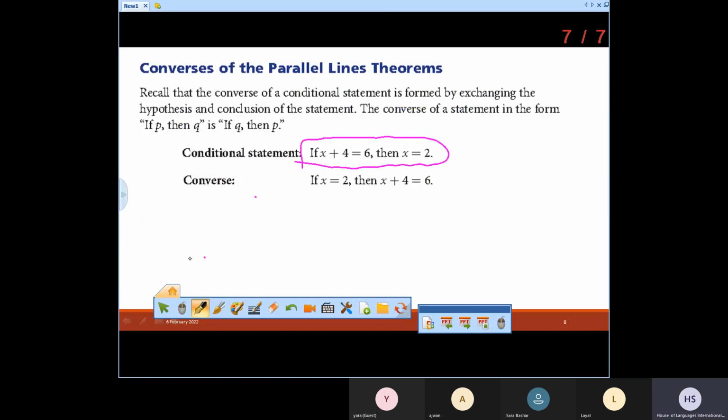And there's a converse. What do I mean by the converse? That I exchange the order. If x is 2, so x plus 4 is equal to 6. Here I just change the order and we call it the converse.